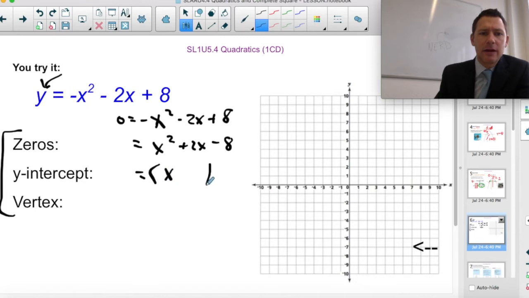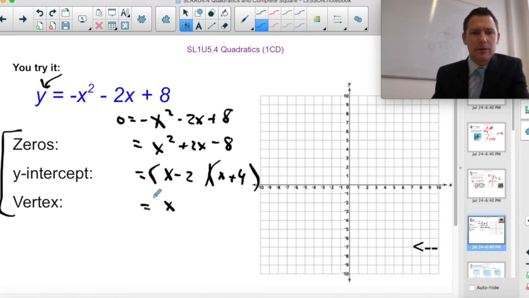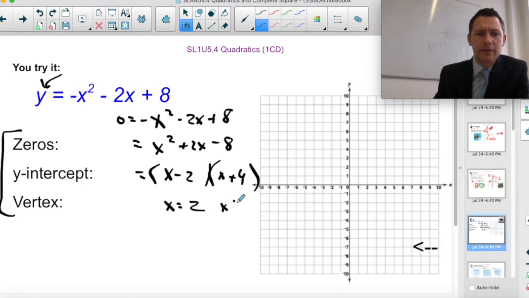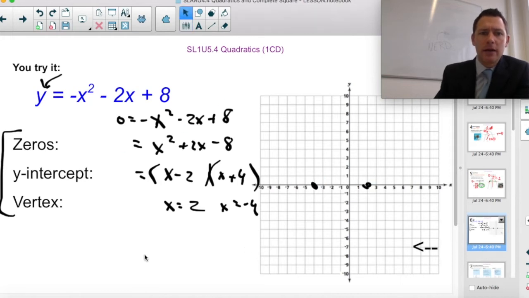So x and 4 and 2. The 4's got to be the positive one, and the 2's got to be the negative one. Therefore x equals 2 or x equals -4. So you'd plot those points: -4, 2. Great.